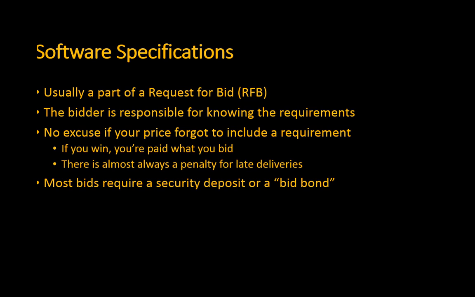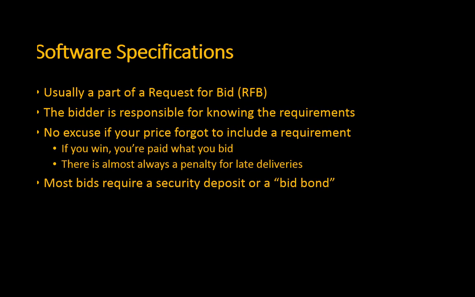There's no excuse if you price and forget to include a piece of equipment or you miss a requirement. If you win the contract, you're paid what you bid. Sorry if you forgot to charge for something. And almost always there's a penalty for late deliveries.